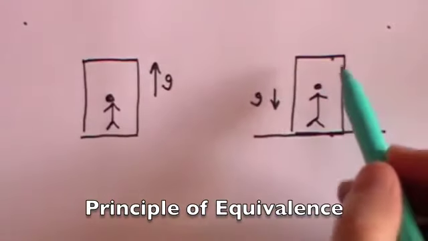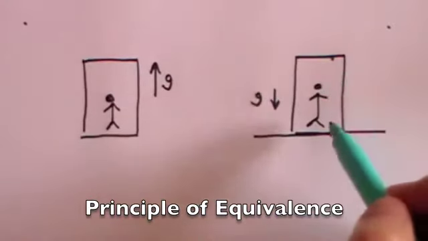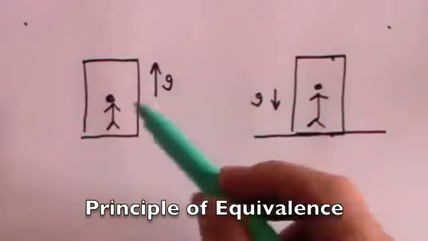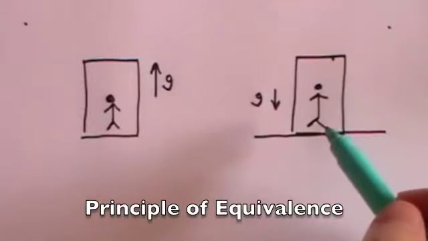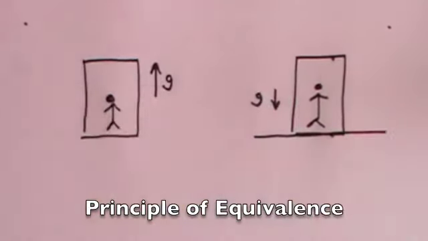And so there is a slight difference in the value of g in this situation. And if you can measure that, then you can tell the difference. That difference is called the tidal force. But apart from that, Einstein said that that was a principle of equivalence.